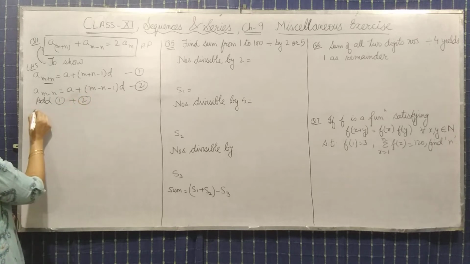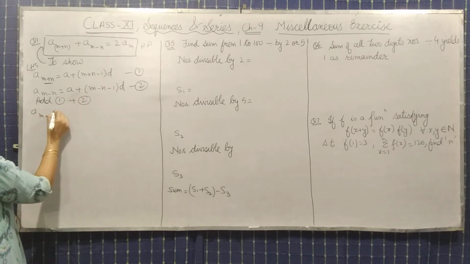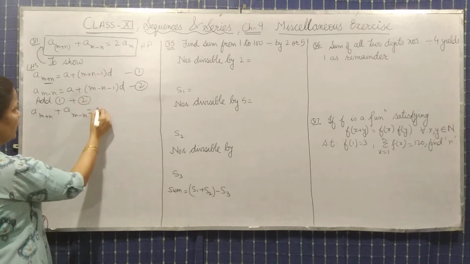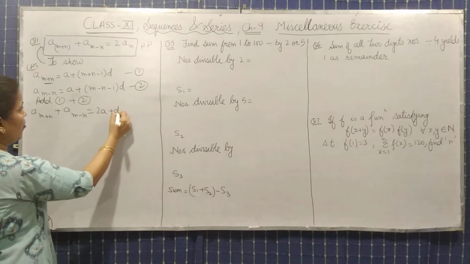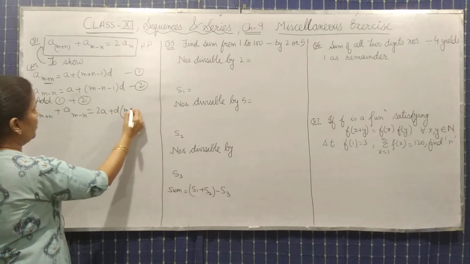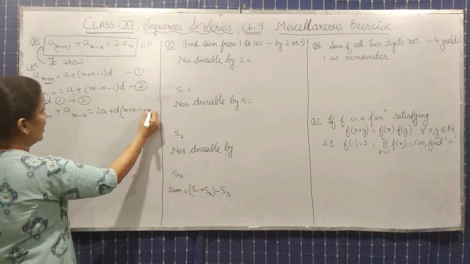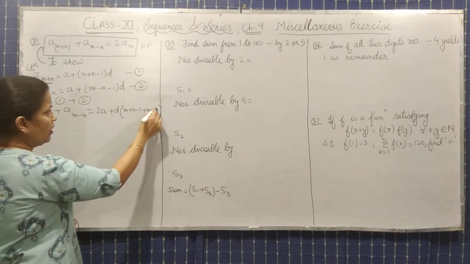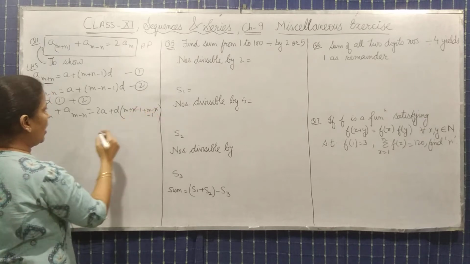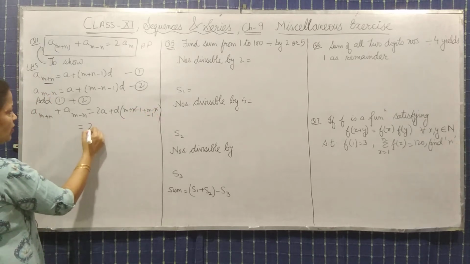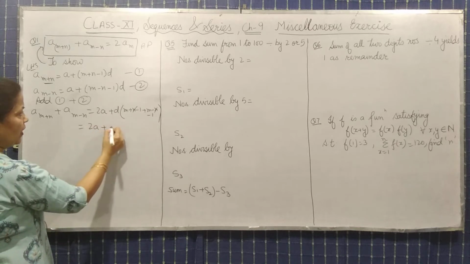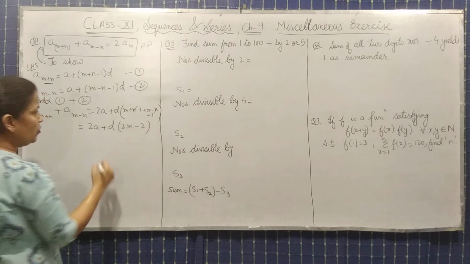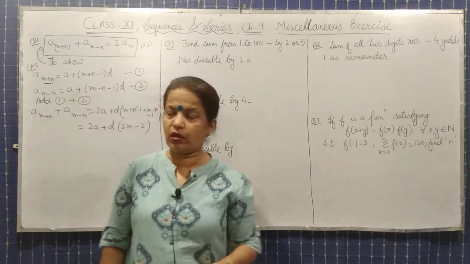We will get the (m plus n)th and (m minus n)th terms added together: 2a, take d common, so it will be (m plus n minus 1) plus (m minus n minus 1). This will cancel out, and you get the result 2a plus d times (2m minus 2).